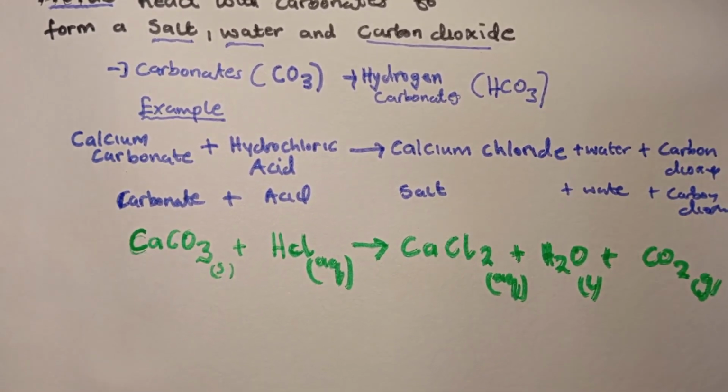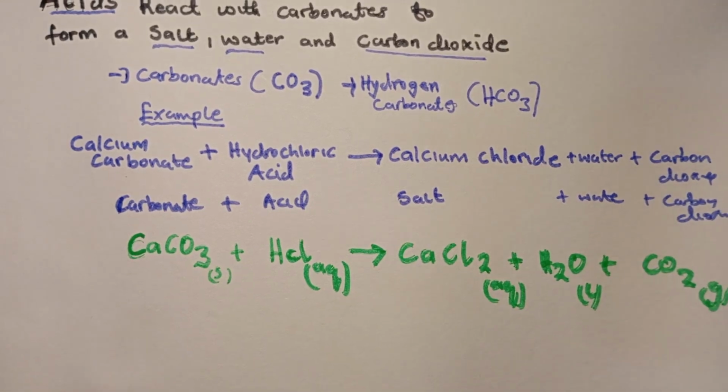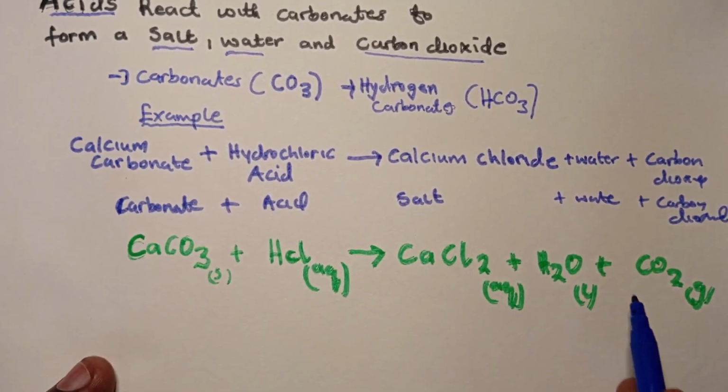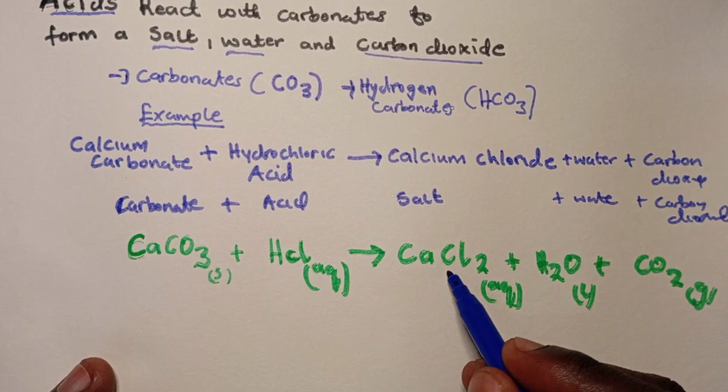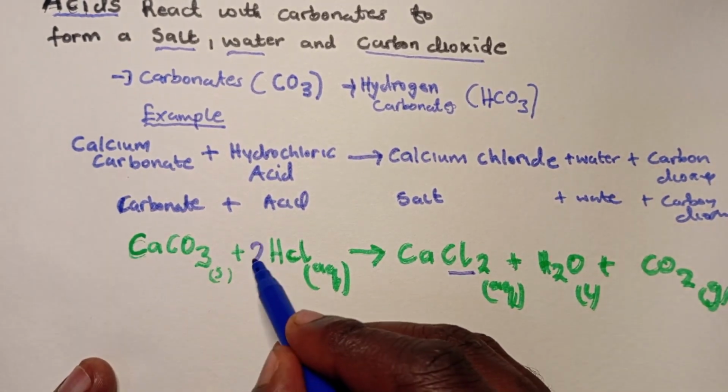Before we go to another example, we need to balance our equation. I can see two chloride atoms here and we only have one, so I can put a 2 here.